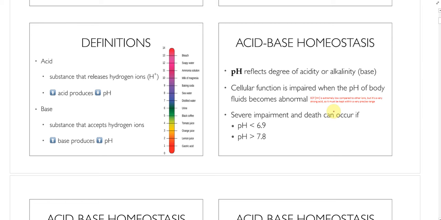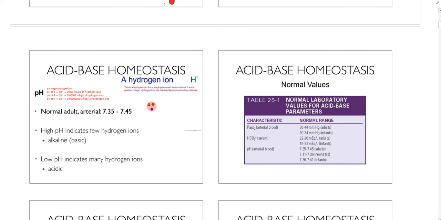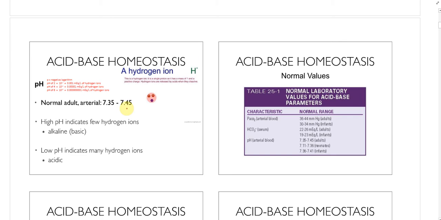We normally only have very low levels of hydrogen ions in our body, but they are such a strong acid that every little bit of alteration to hydrogen ion concentrations can make profound impacts to our acidity or alkalinity. And then we can have severe impairment or death if we have a pH that is under 6.9 or above 7.8. Normal is going to be 7.35 to 7.45.